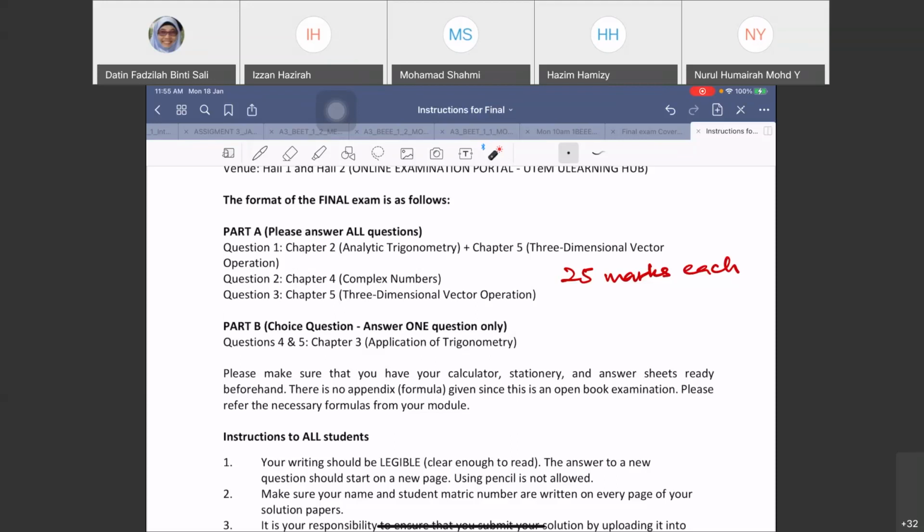Because I think vectors, like complex numbers, is something you can actually do. You can compute this. It's just that certain questions can be very long, and the solution can be lengthy because you have to compute so many things. But vectors are not as difficult compared to the application of trigo.